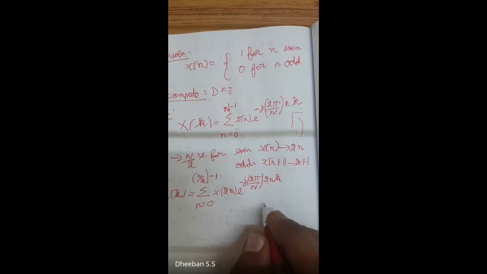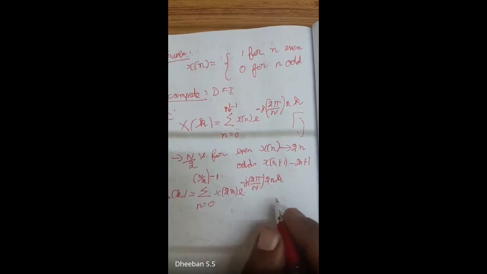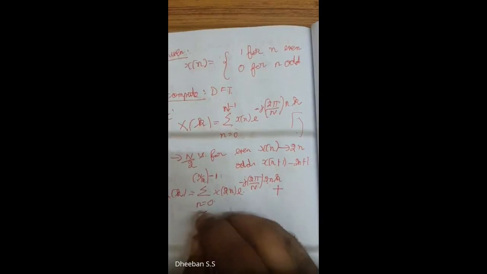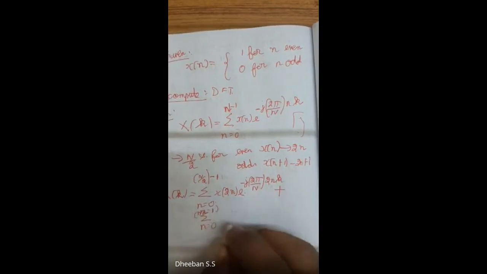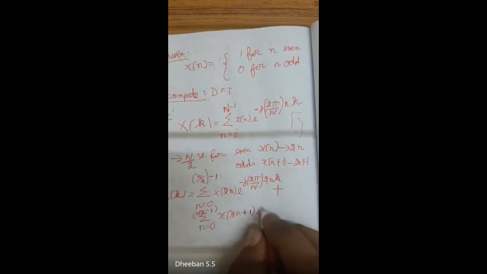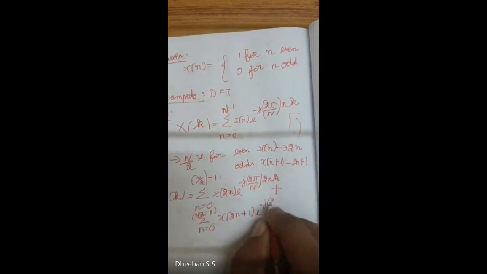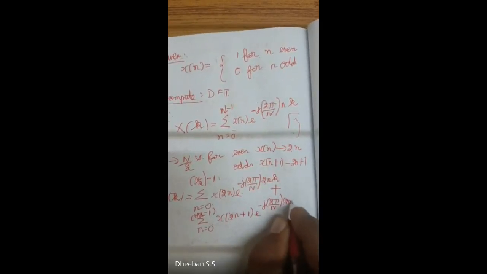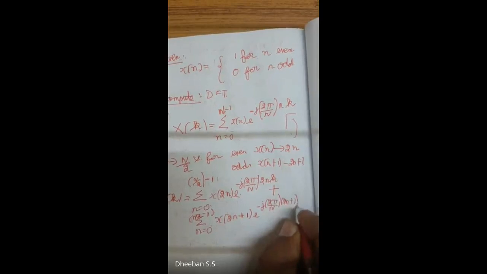For odd function it will be coming with 2n plus 1. So this plus summation n equal to 0, so again n by 2 minus 1, x of 2n plus 1 e power minus j 2 pi by n. Here it will be coming 2n plus 1 into k.